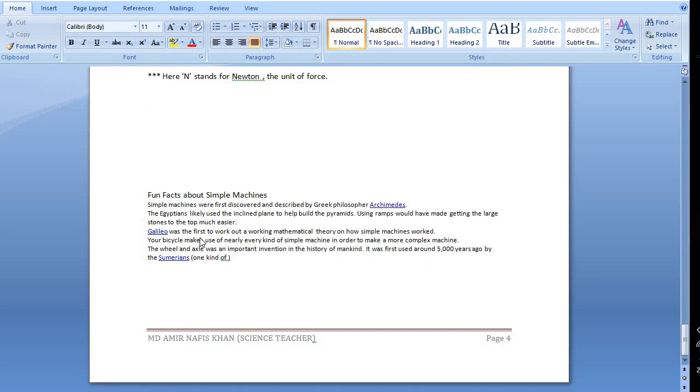Galileo Galilei was the first who worked out a working mathematical theory on how simple machines worked. Your bicycle makes use of nearly every kind of simple machine to make a more complex machine. The wheel and axle was an important invention in the history of mankind. It was first used around 5,000 years ago by the Sumerians.